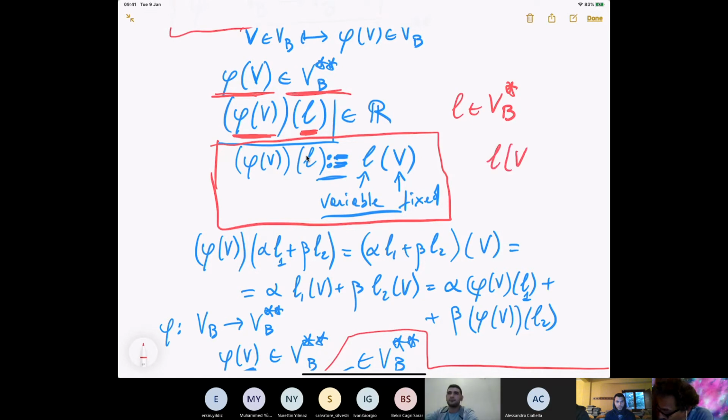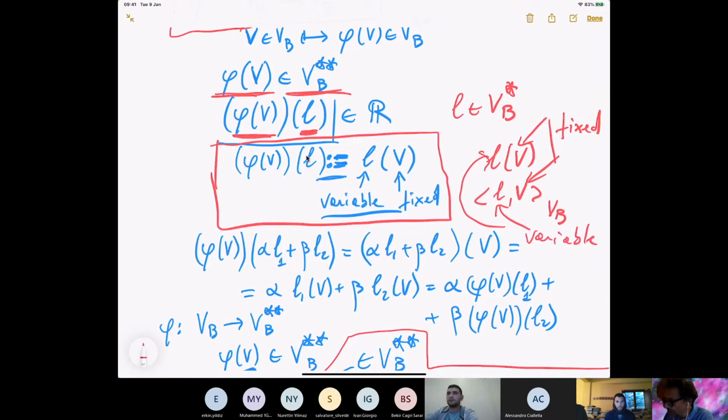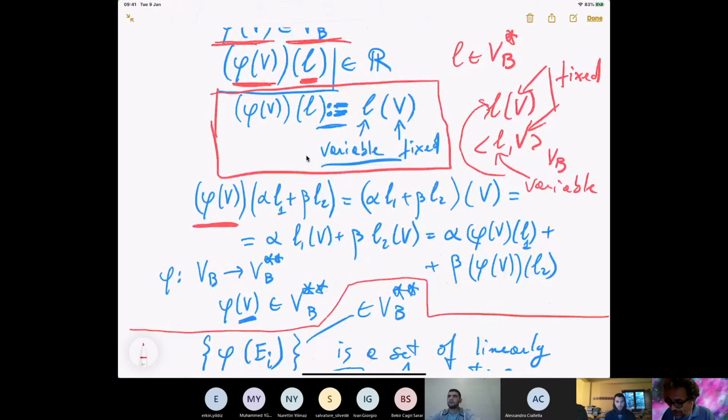So in this formula, you fix V, and you vary L. You are considering a linear map on the set V star, the dual of V. Now, this map phi V is linear, and I have proven this in these lines.